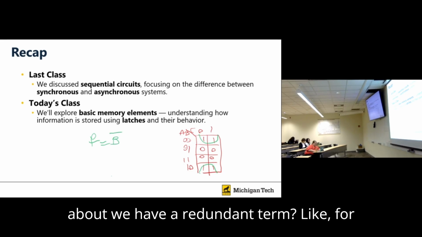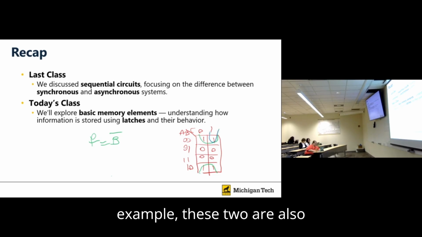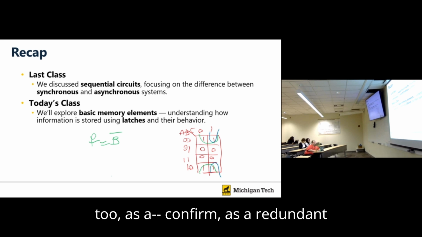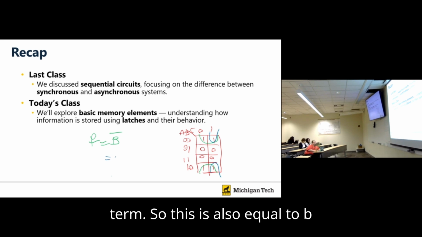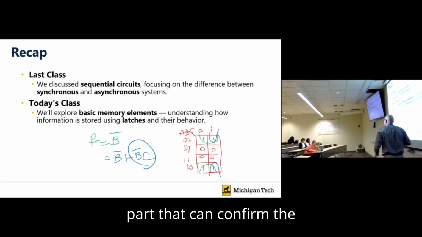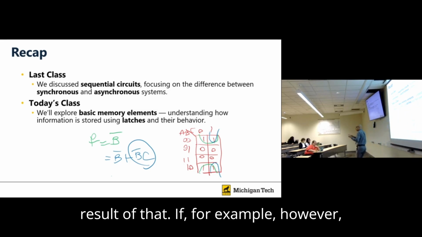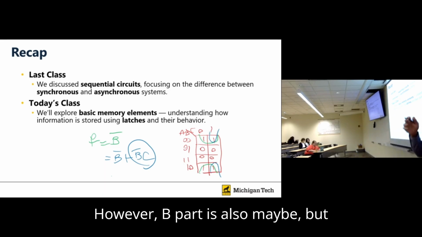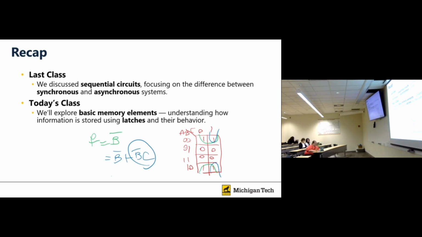But what about having a redundant term? These two are also redundant, so you can consider that too as a confirming term. So this is also equal to B bar plus B bar C. This B bar C is a part that can confirm the result. However, you get the point.